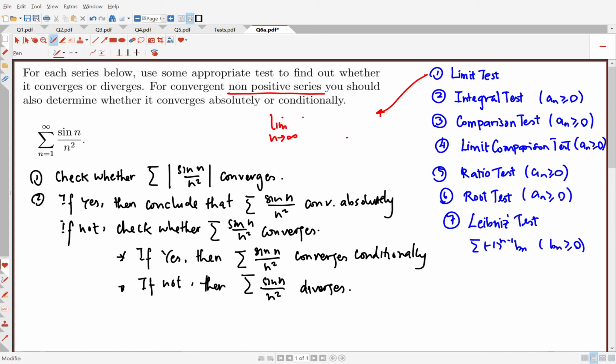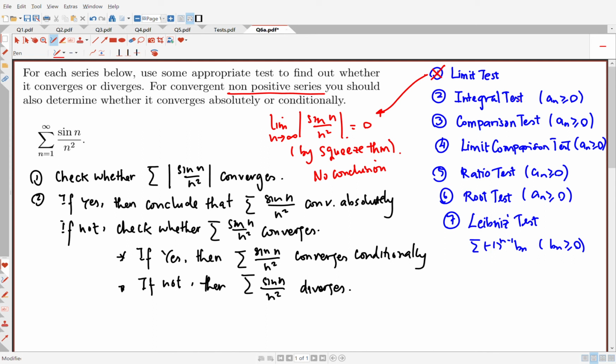The limit as n tends to infinity of the absolute value of sine n over n square will be 0, by using the squeeze theorem. Okay, so from the limit test, there is no conclusion. So we cannot use the limit test.